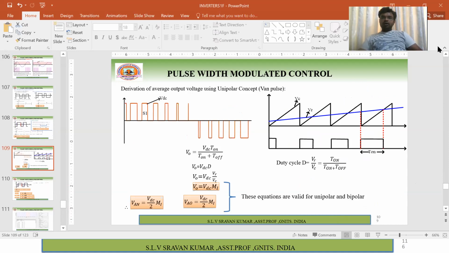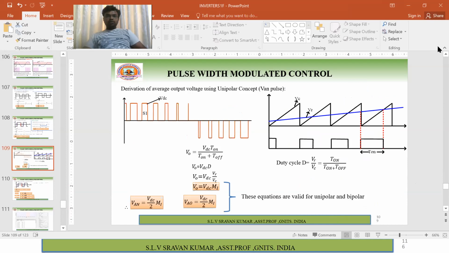At that time, power electronics people generally suggest these techniques, which will be very useful for your major projects also. That's why I have discussed all those things. So in this class, I have completed SPWM perfectly, and the total PWM control techniques I have already completed. Right. In the next class, I will discuss the series inverter and parallel inverter.